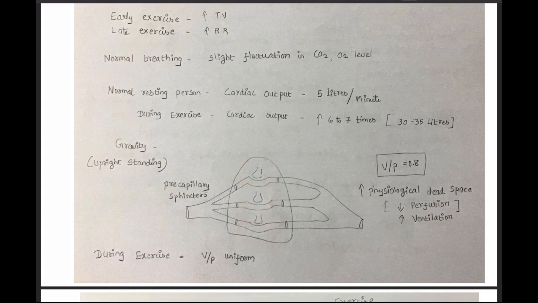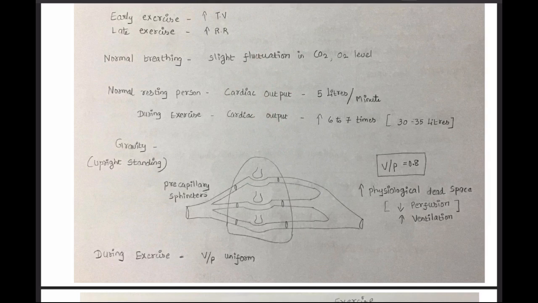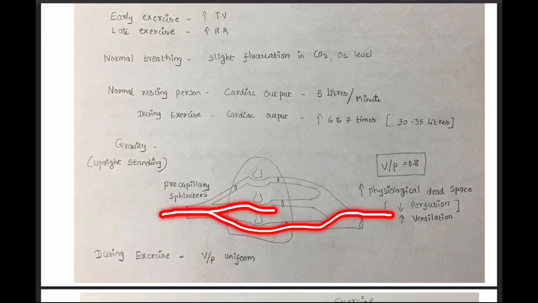When you are standing upright, under the influence of gravity, more blood will go to the lower segment, some medium will go to the middle segment, and very low will go to the upper segment.